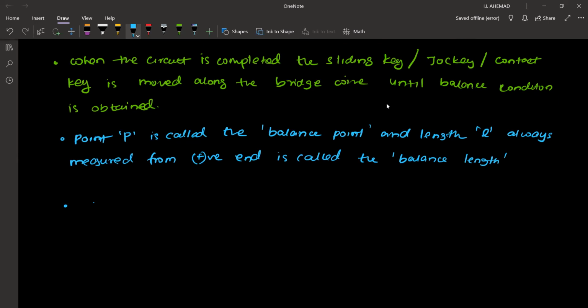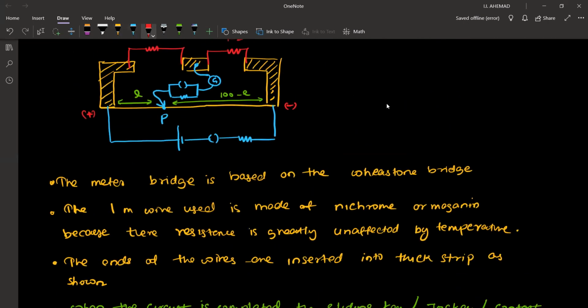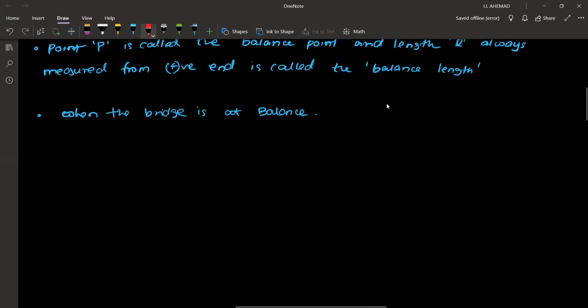When the bridge is at balance, let's say this is point A and this is B. At balance, we can tell that R1 over R2 is equal to RAP over RPB.